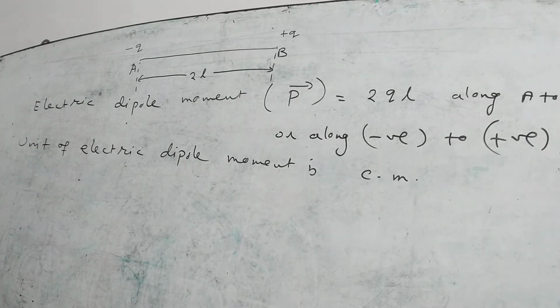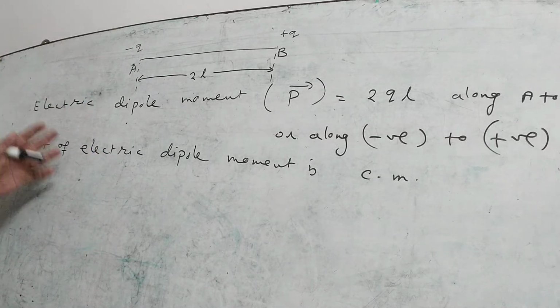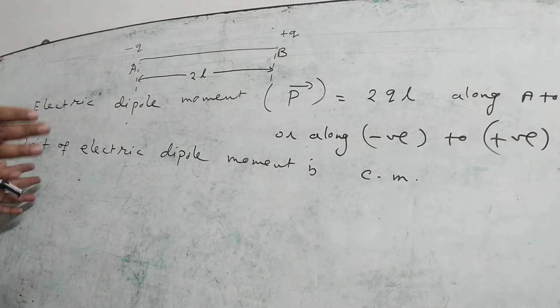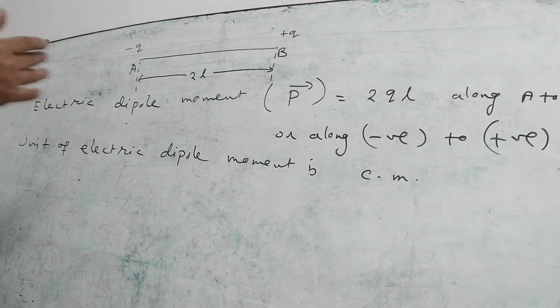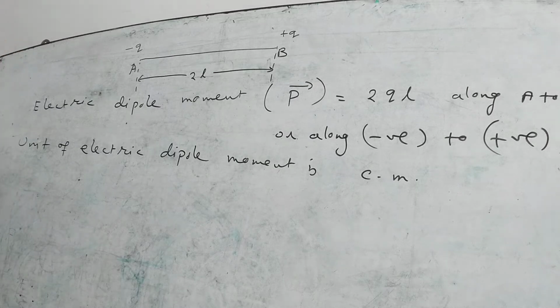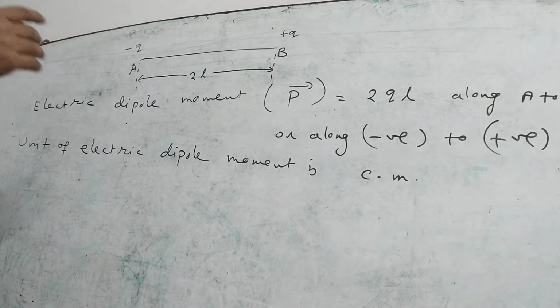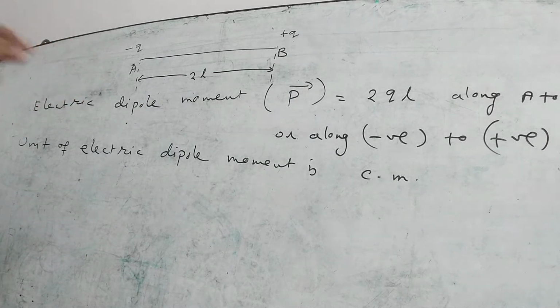Now I am going to calculate the magnitude and direction of the electric field produced by an electric dipole at a point on the axis of that dipole.